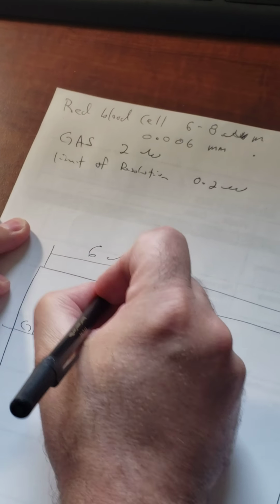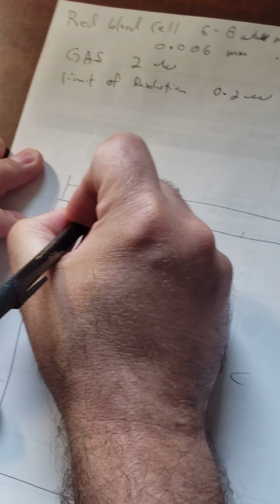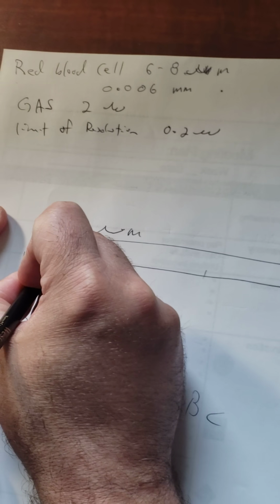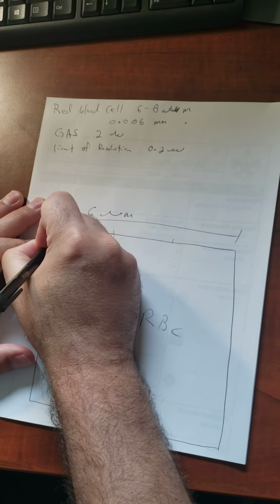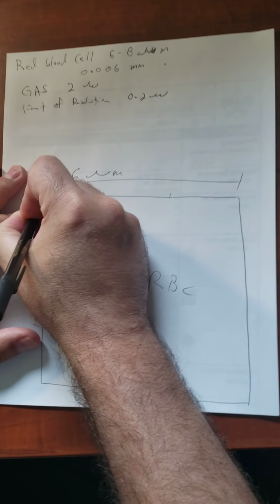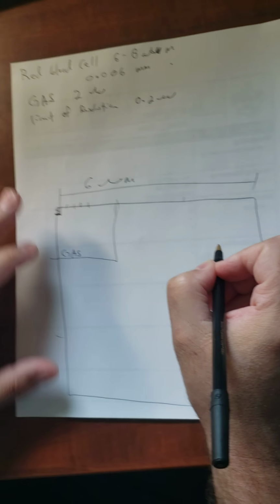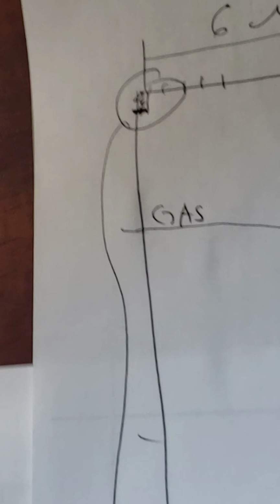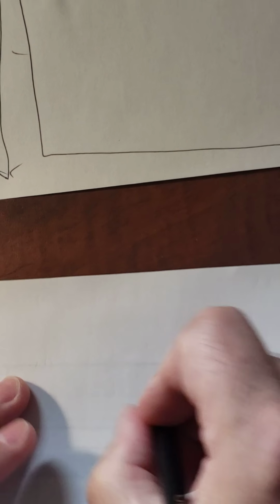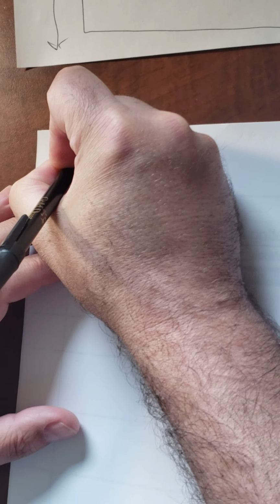So if this is 2 microns, you can see that little black square. If I blow this little black square up onto the next page, we'll start with making that little black square about the same size that it is here.